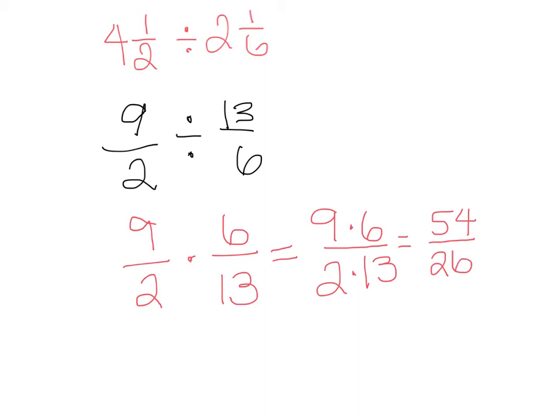So we know that 26 can go into 54 two times, which is 52. So we have a remainder of 2/26. And we can reduce this further. We can factor out a 2 from the 2 and the 26. So then our final answer is 2 1/13.